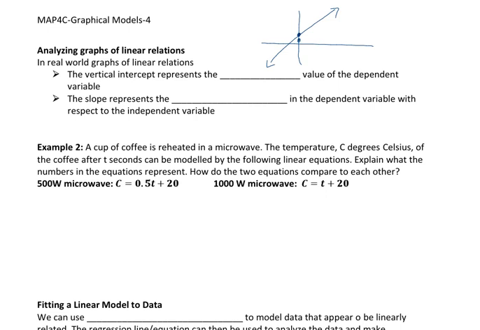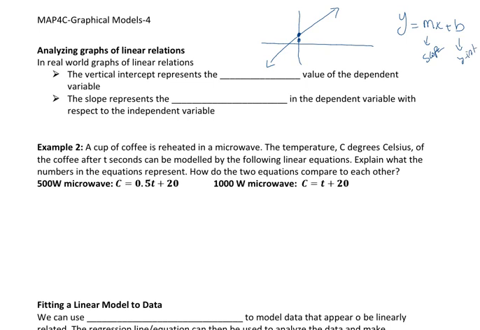And I also look at the steepness of the line, okay? Because remember that in the equation of the line, I have two things. I have mx plus b. I have the slope, and I have the y-intercept, okay?